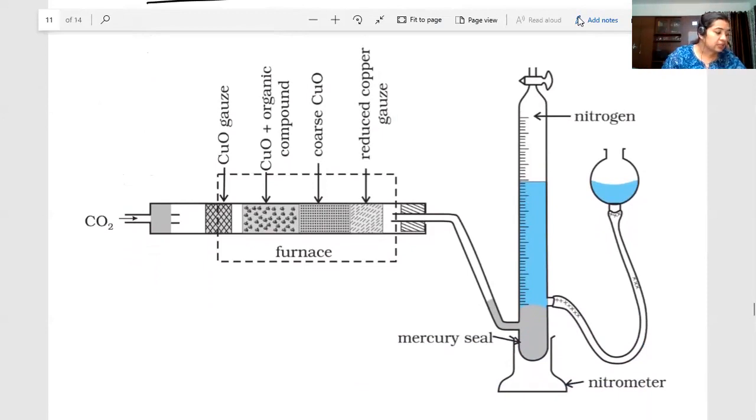So let us see what is being done when they follow the Dumas method for the estimation of nitrogen.